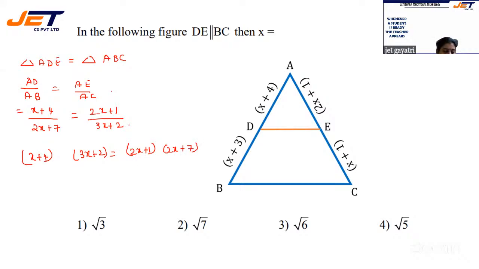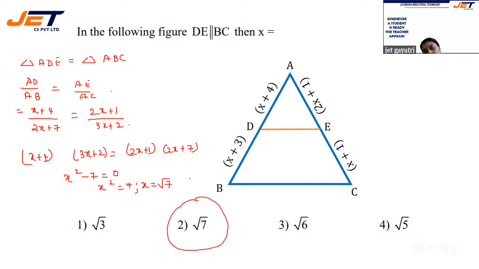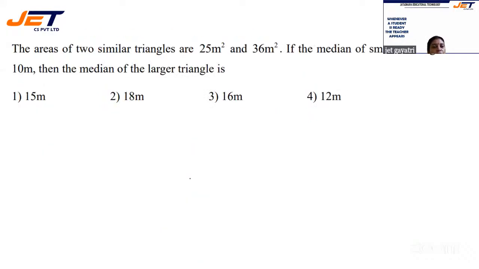So we simplify the equation to x square minus 7 is 0, whereby x square is equal to 7, x is equal to root of 7. So option 2 must be your correct answer. Alright students, so hope this is clear. With this we are moving on to the next question.